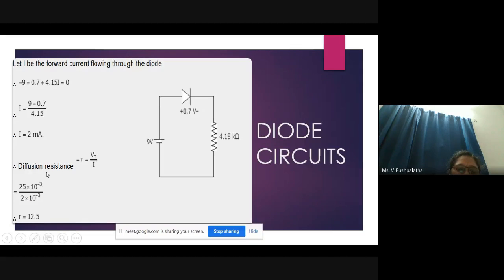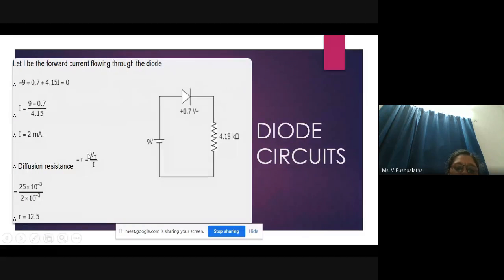So the diffusion resistance you need to find out. I already told you V is equal to I into R, so R is equal to V by I. Here I have taken the V value as a thermal voltage. You can ask me why we are taking a thermal voltage.